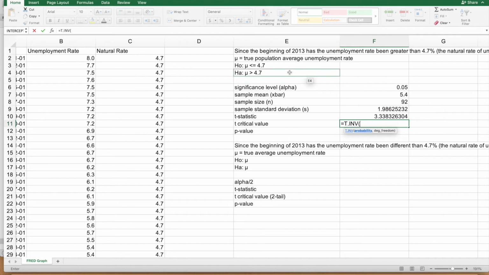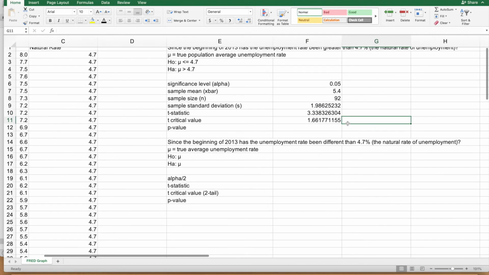But we're doing an upper tail test, so we're looking in the upper right tail. So if I'm looking for 5% in the upper tail, I'm looking for 0.95 in the lower or left tail. My degrees of freedom is n minus 1. And so my t critical value is 1.66.